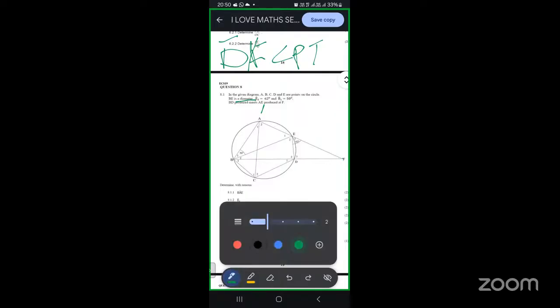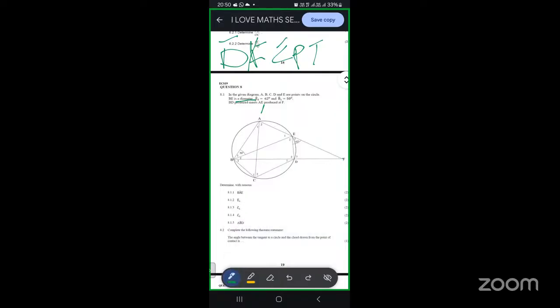We can now proceed to the next letter, P, to ask if there is any parallel line in the diagram. Are there any parallel lines in the diagram, guys?